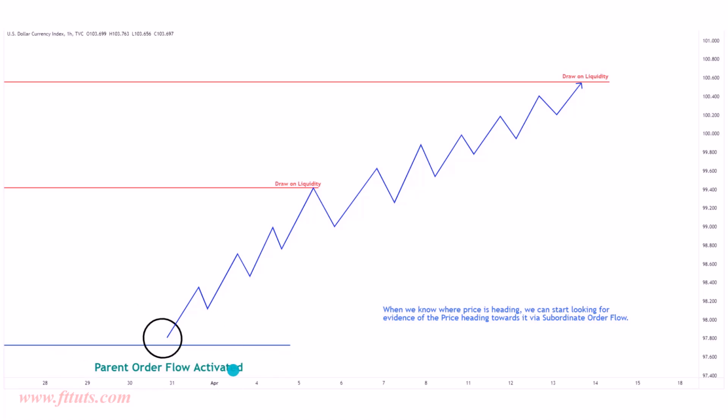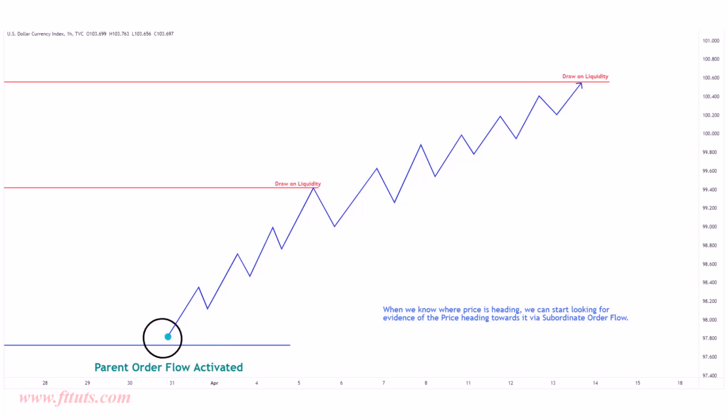Since the parent order flow is just going to be smooth, because it's a candle close every 24 hours. So daily close, daily close, daily close, daily close. Subordinate order flow on the 1 hour shows us a close every 1 hour. So we get more data, but it's subordinate to that daily order flow there.